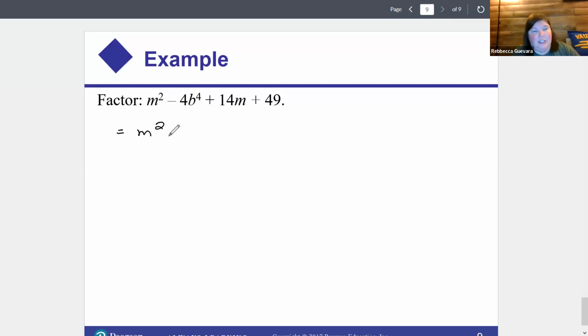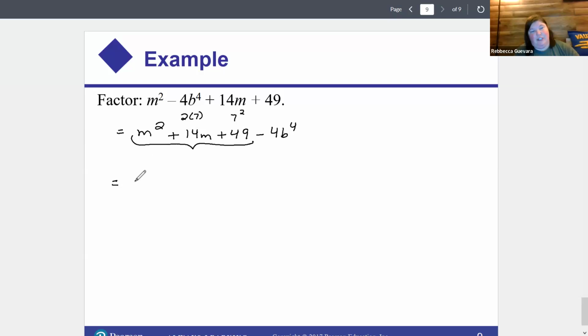One of the things I noticed here is that some of my terms have m and some do not. So if I put these together, the m terms and the 49, if you notice here, this would be 7 squared, and this is 2 times 7. This is actually a square.